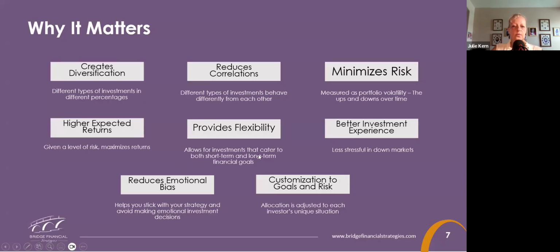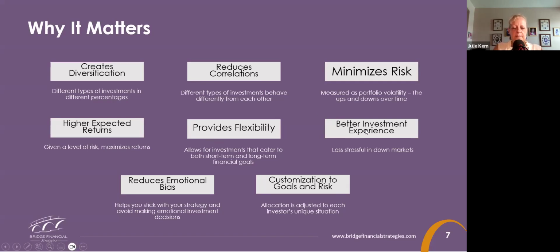And so the bonds are more of a shorter term investment. The emerging markets on the other end of the spectrum are more of a longer term investment or would be better for a longer term goal. And so having a diversified portfolio allows us to bring in both of those goals in one portfolio that's going to suit you over the long term.